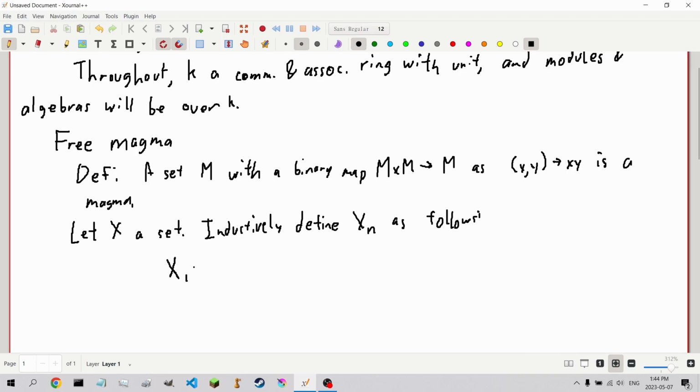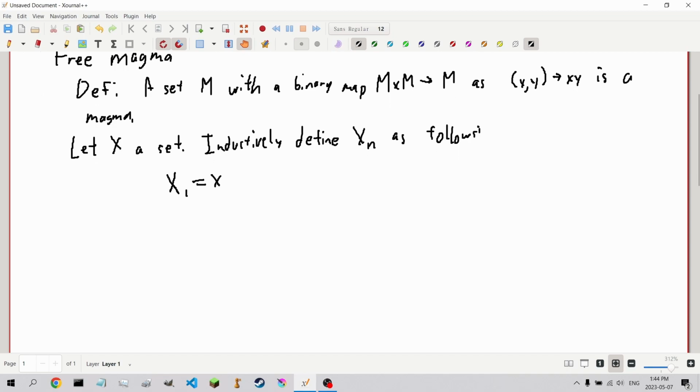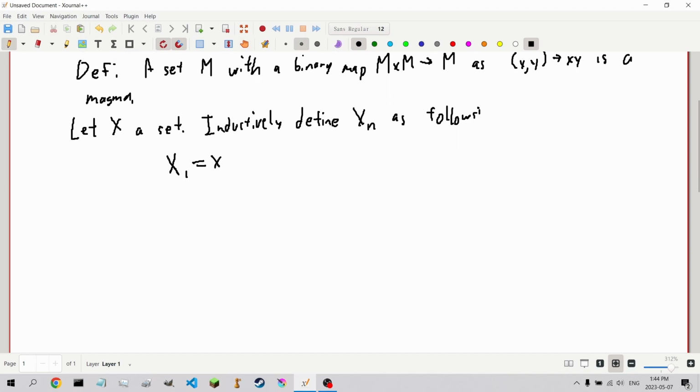X1 is just going to be X, and then Xn is going to be the disjoint union.